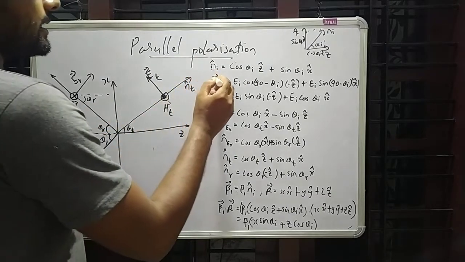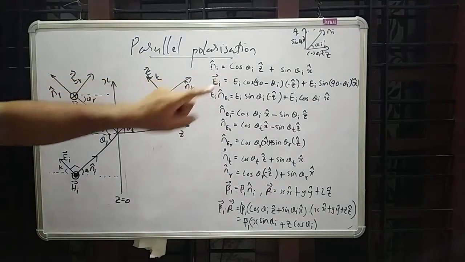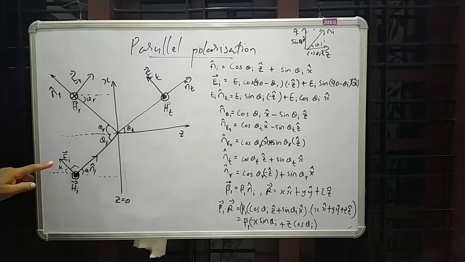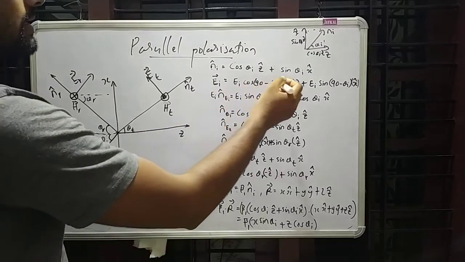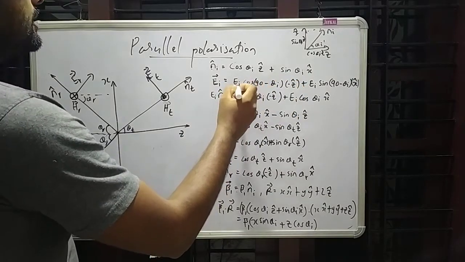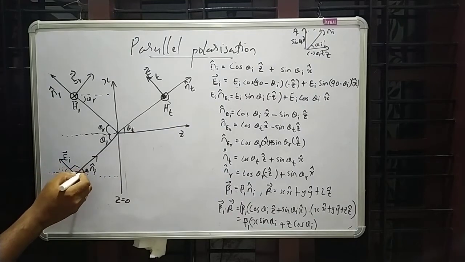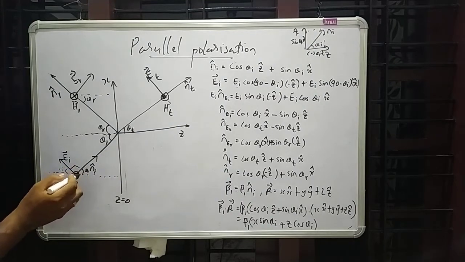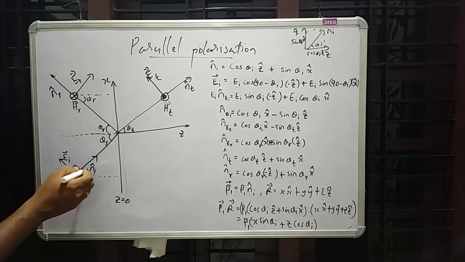Then in the next step we need to find the direction of the electric field vector. This is the electric field vector. In components we can write Ei, the magnitude. This angle is theta i, and the electric field vector and the direction of propagation are perpendicular to each other, so this is 90 degrees, this is theta i.